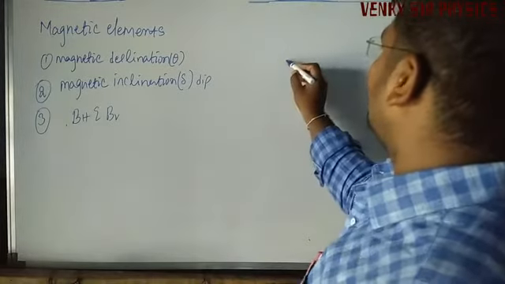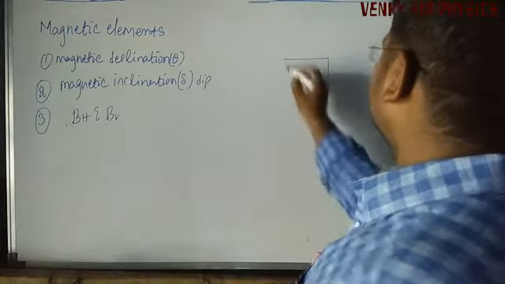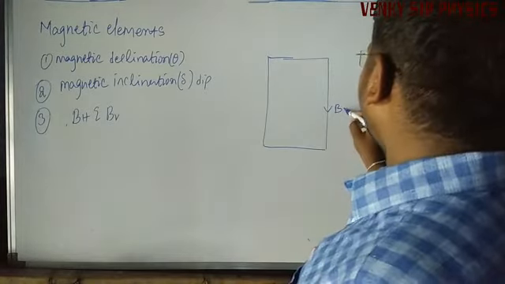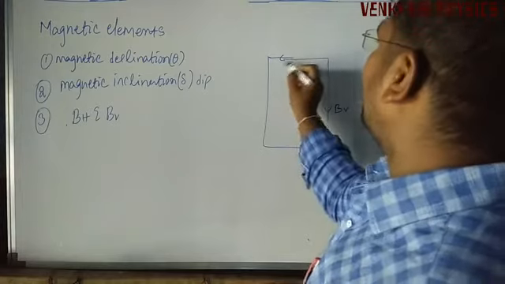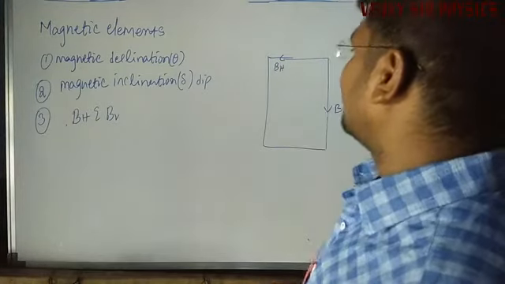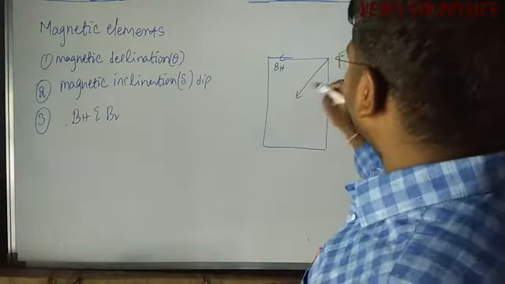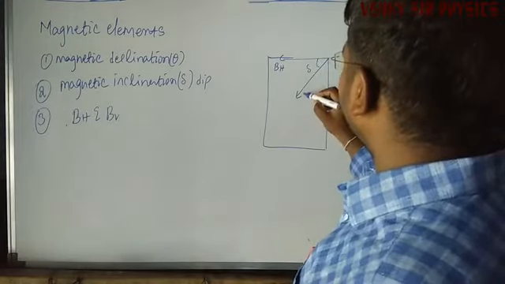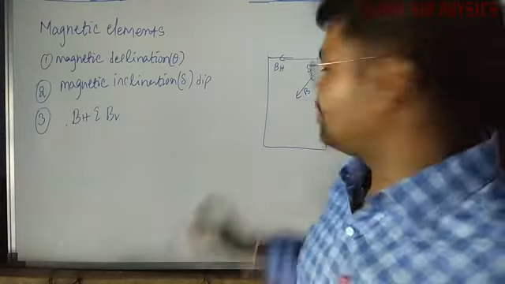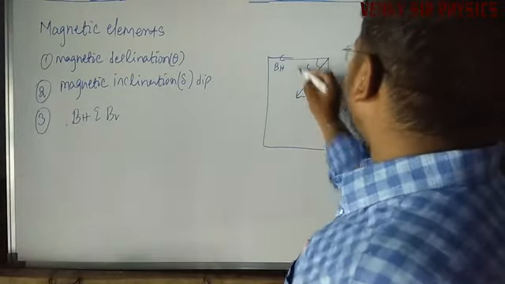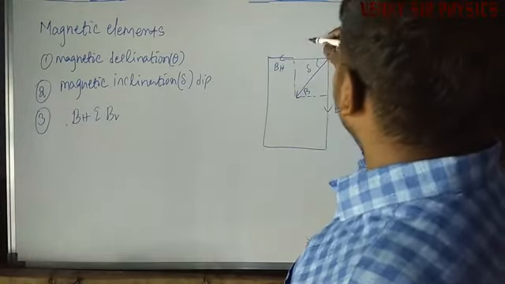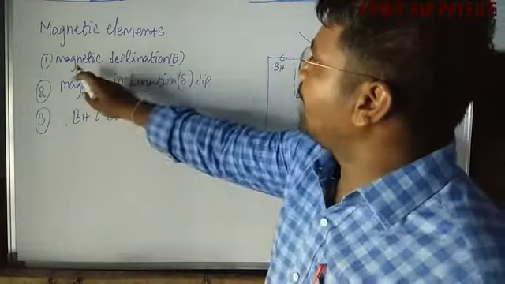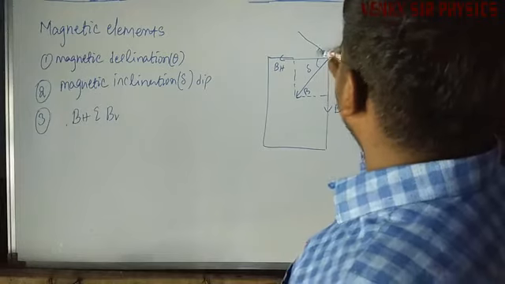The vertical component and the horizontal component of the magnetic field combine, and some angle is developed. This is the resultant magnetic field. This is magnetic declination, angle theta.